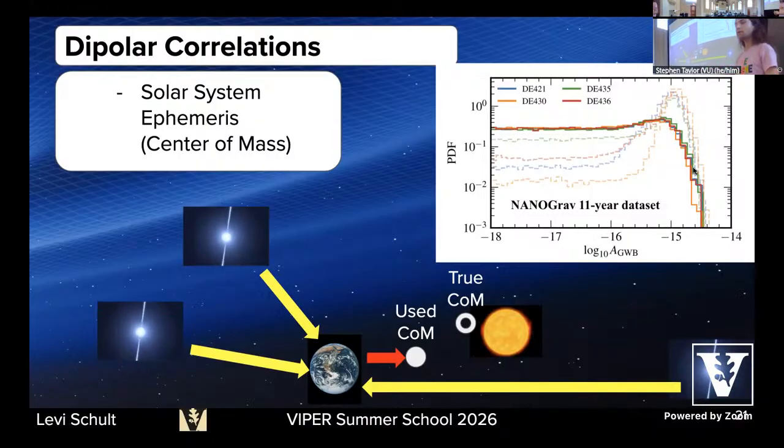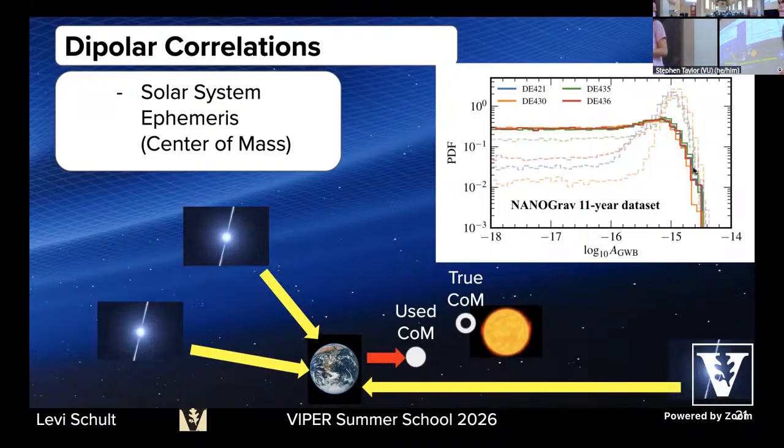And you're seeing that they all seem to have this bump around -15. But people were starting to think this doesn't really make too much sense. It's looking like it has a frequency that lines up with the orbital period of Jupiter, right? So that should tell you something's going on. Also, Steve can correct me if I'm wrong, but it looked dipolar, the spatial correlations. So that tells you that it's not gravitational waves.